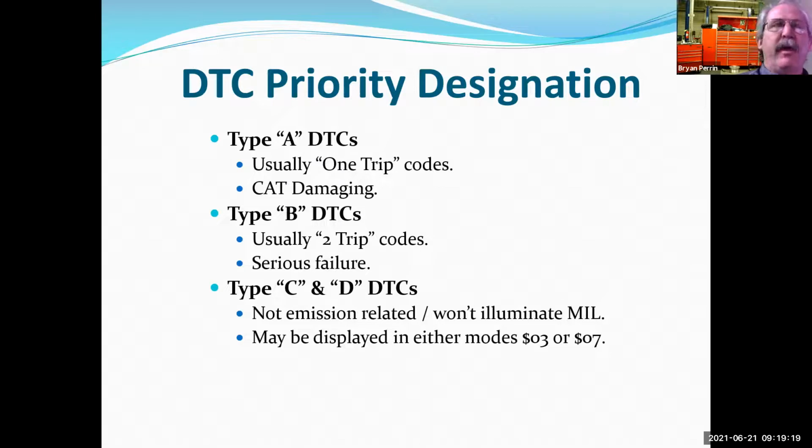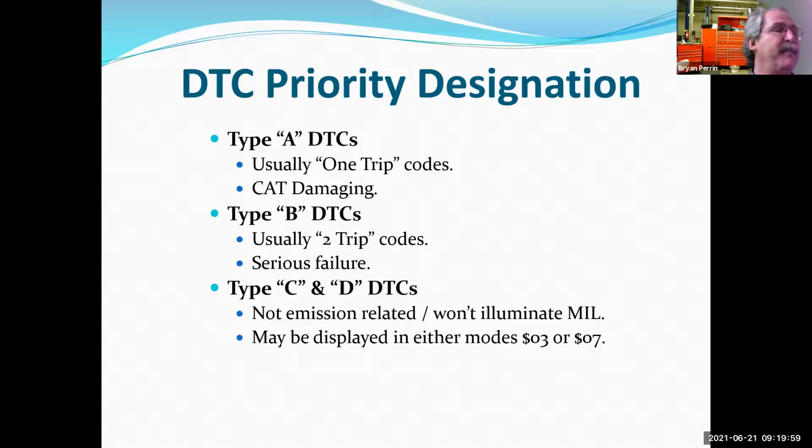For example, a P0325 code, which is for a knock sensor, will turn the check engine light on in a Honda or a Chevy truck, but it will not turn it on in a Nissan, because Nissan says that's not an emission-related code. Honda and GM and Toyota and many other manufacturers say it is an emission-related code, and they turn a check engine light on for it. Nissan does not. Same code number, same description. Nissan says that's not a big enough part of our strategy, it doesn't lower emissions.